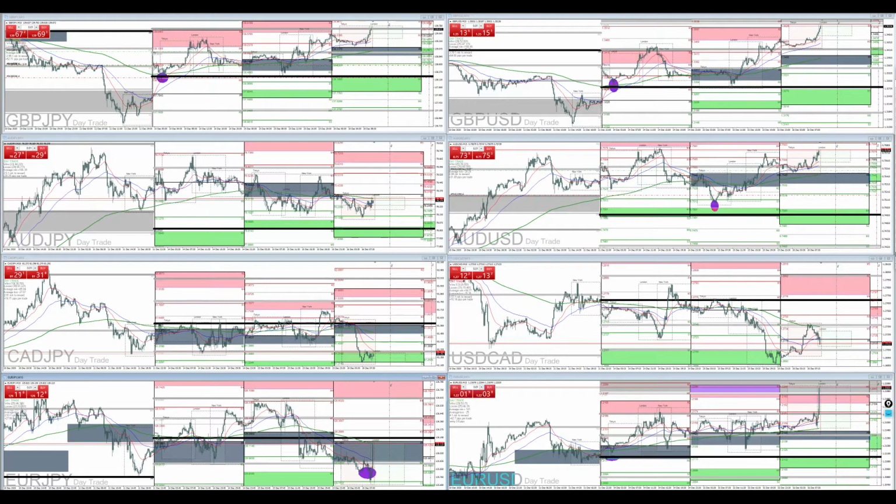So everything euro's gone. And pound dollar's gone. So yeah, the only things that I have left right now are those two, and a pending order for the pound yen.